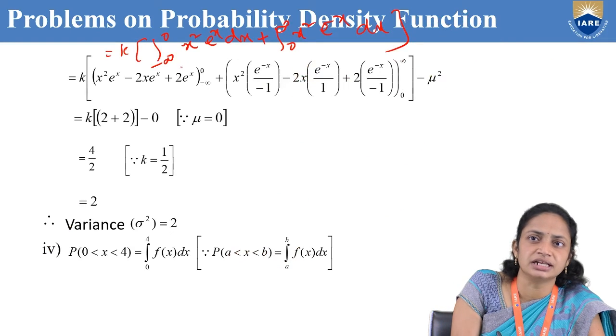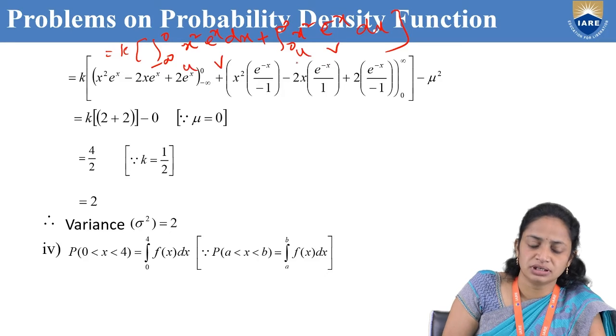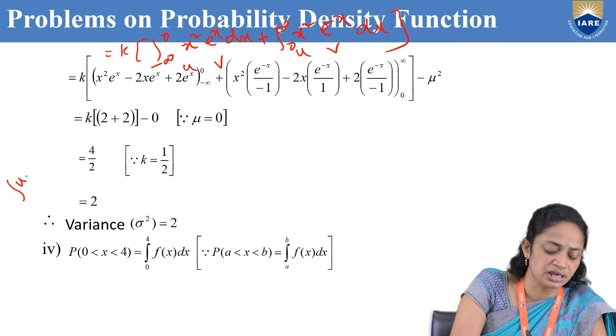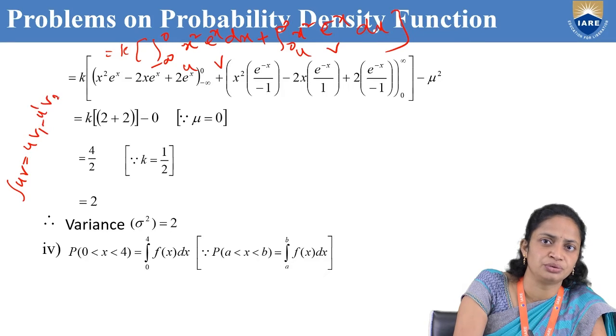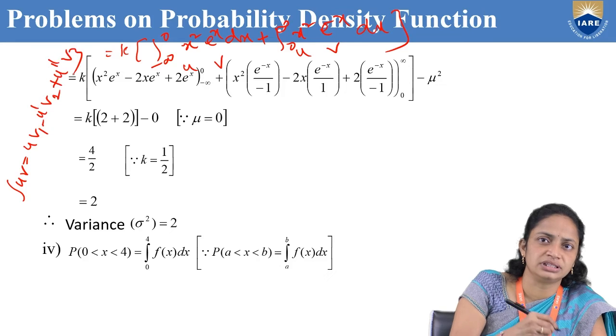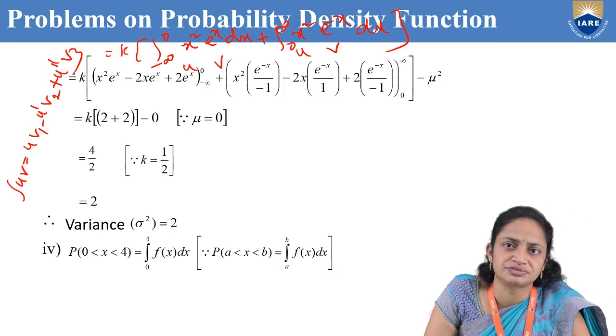So let us consider this is u and this is v. So here also same, this is u and this is v. So here we have x square, right? That's why integration of uv equal to u v1 minus u dash v2 plus u double dash v3. Because x square term is there, that's why I am writing up to double dash.